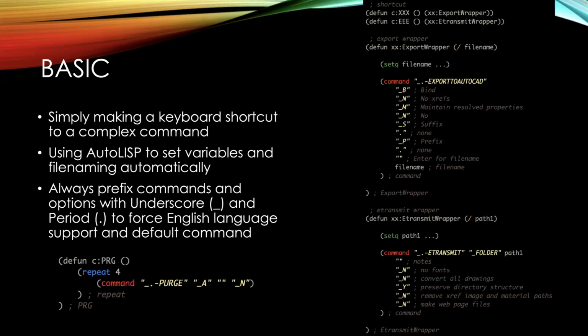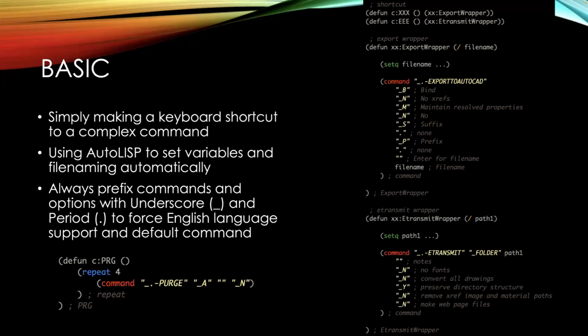And then just one thing I want to point out first, before showing these, is you'll notice these underscores and periods always in front of commands and arguments. And that is a very good thing to get in the habit of. That forces English language support. So this code can run on any install of AutoCAD worldwide, no matter what language pack is installed. So obviously the purge command is not called purge in Spanish, right?